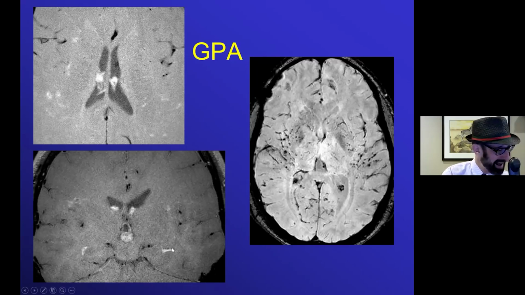So this kind of spotty enhancement, which may be associated with the wall enhancement of a vasculitis, would be another picture that you should put in your mind's eye with regard to granulomatosis with polyangiitis.